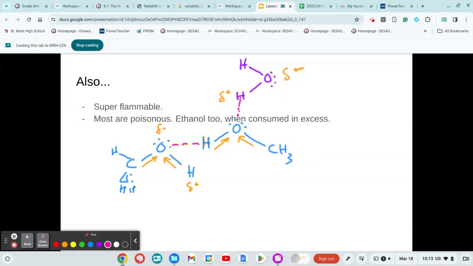They're just as attracted to the water molecule as they are to themselves. And as a result, they're soluble in water. They'll dissolve in water. The water molecules can get in there and surround the methanol molecules. As a molecule of alcohol gets bigger and bigger, it's harder for the water to do that because they've got a larger nonpolar part.